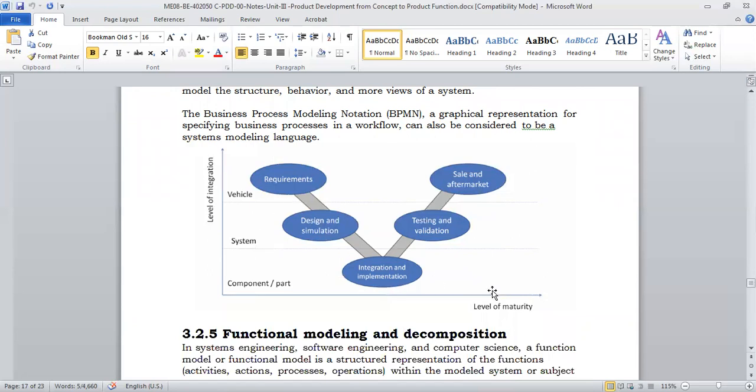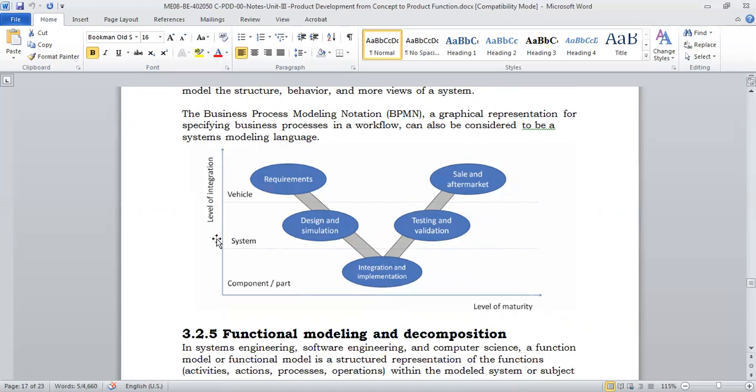Like here we have seen the level of maturity and the level of integration. Here, like requirements, this is basically vehicle requirements and sales and aftermarket. This level of integration is vehicle, then system, and then components or parts. So we will have requirements first, then design and simulation is done.